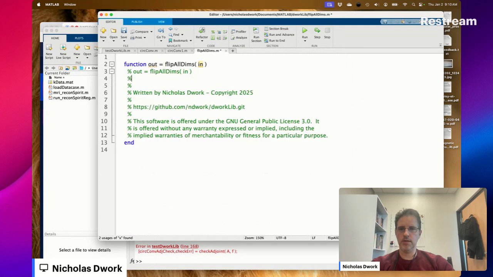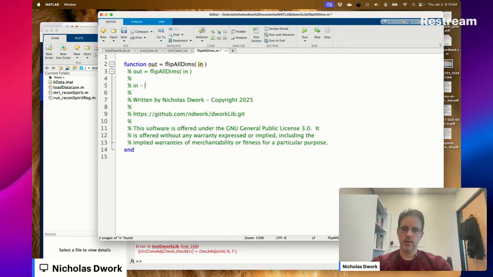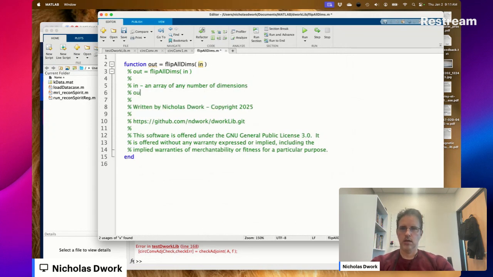Source code copyrighted in 2025. An array of any number of dimensions. An array of size equal to in where all dimensions have been flipped.